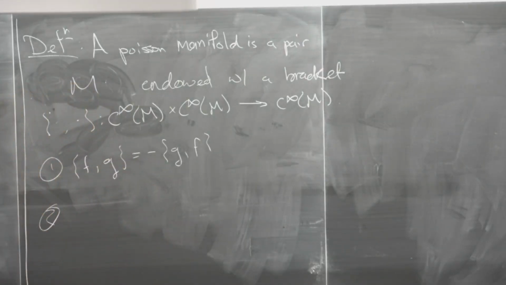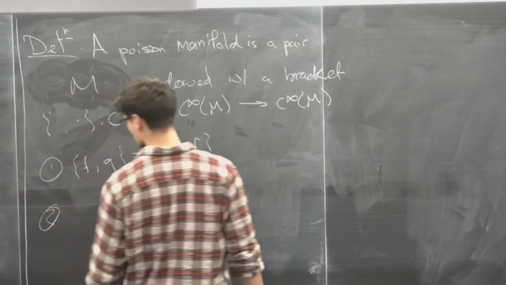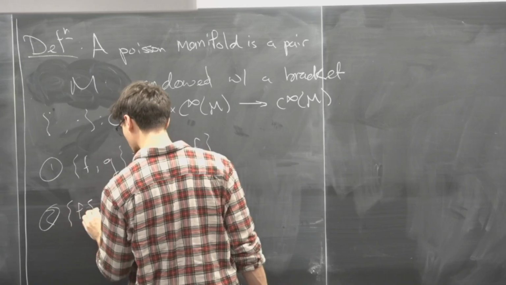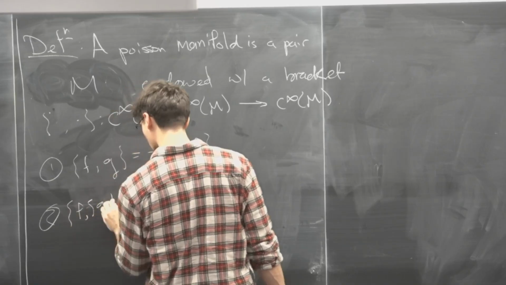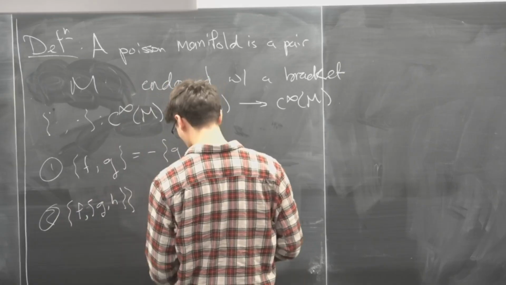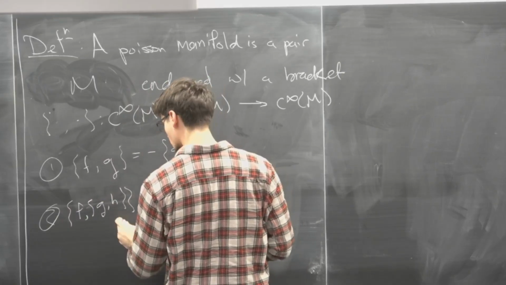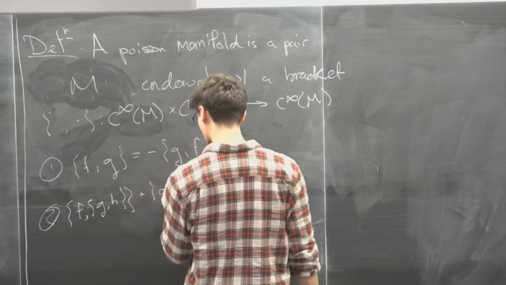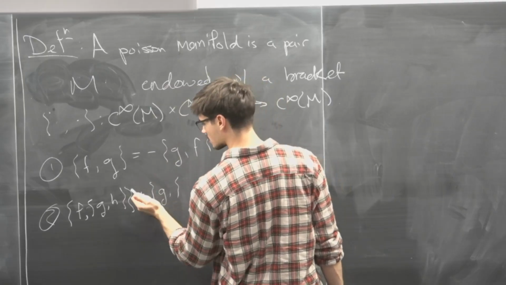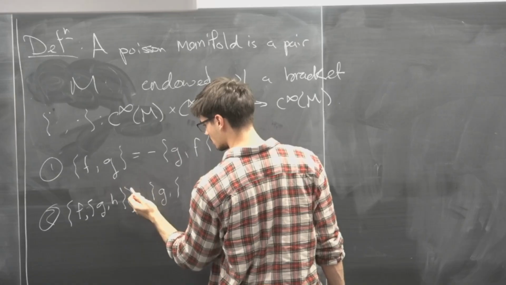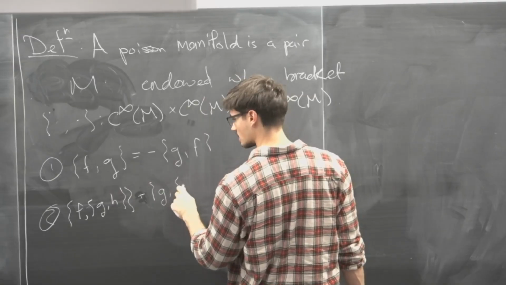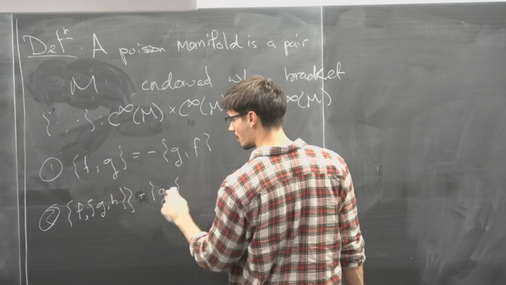The second property, which I'm sure you have all seen before in your quantum mechanics classes, is that it satisfies the Jacobi identity, which I'll write out now. It alternates between plus and minus, something like that, because of the Leibniz rule.